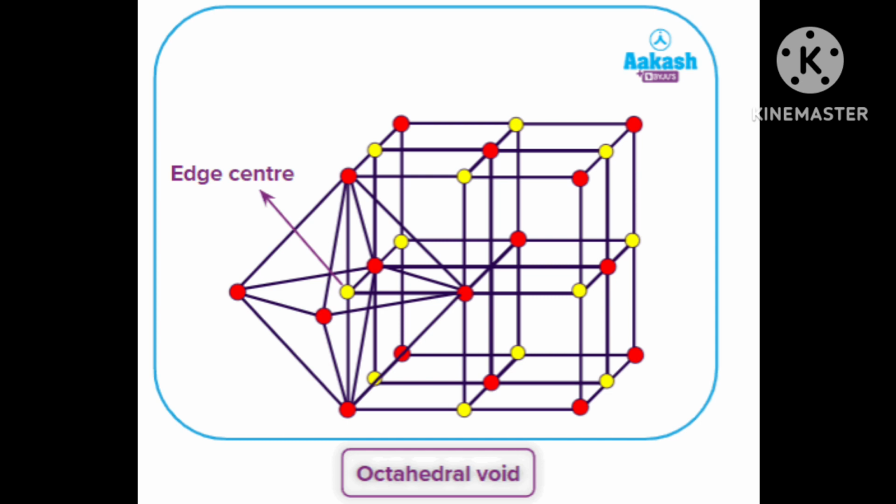In whatever way the constituent particles, that is the atoms, molecules or ions, are packed, there is always some free space in the form of voids. This free space or void is what packing efficiency is about.